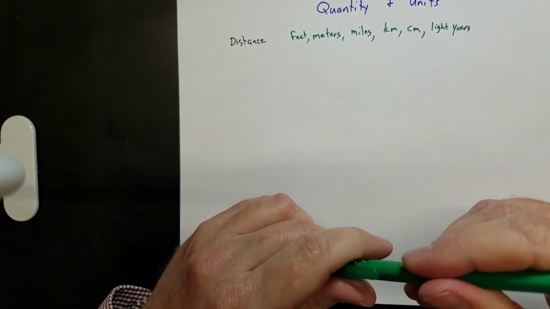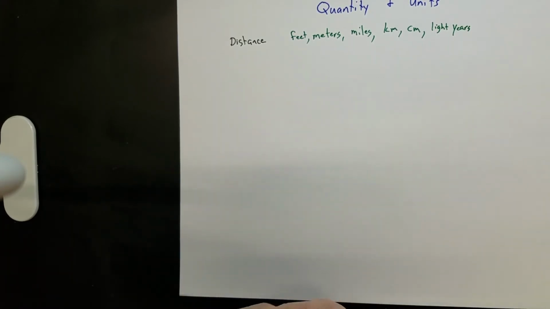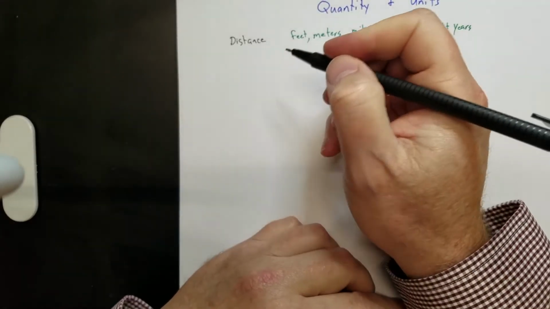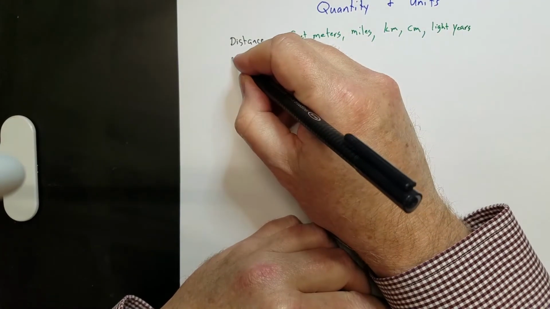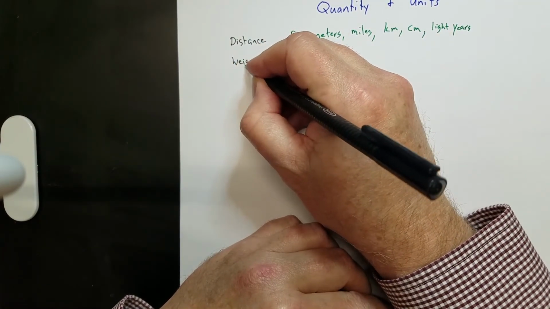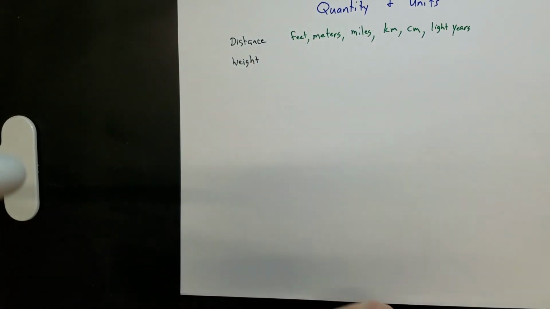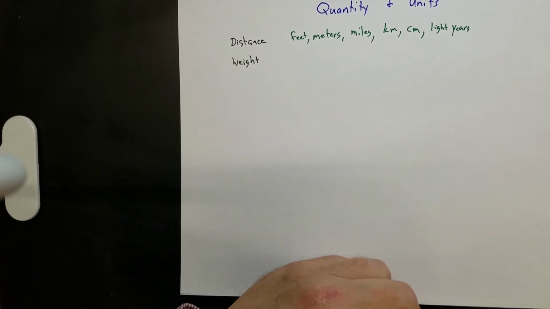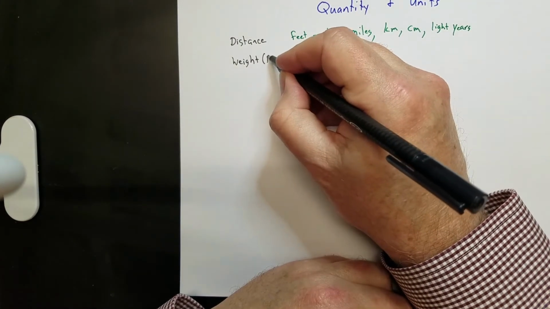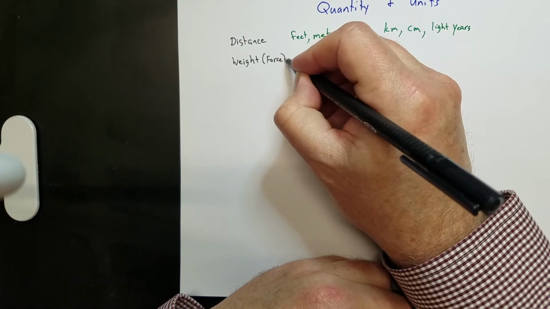Well, what are some other quantities that we can measure? Well, we can measure weight. Now, in the metric system, weight is a force. Matter of fact, let's put force right next to it.